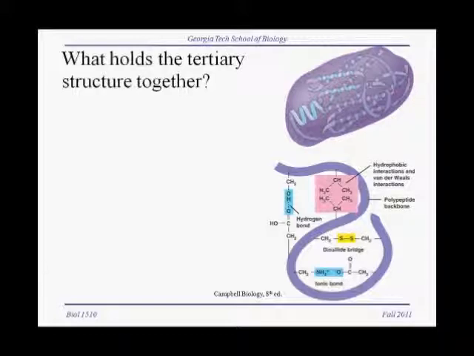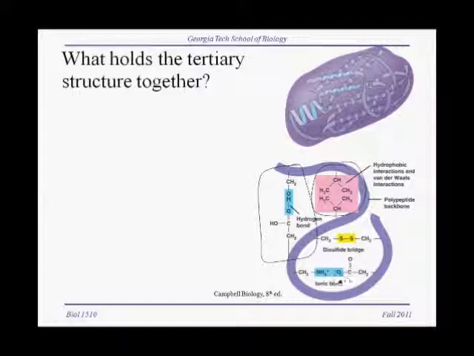Then the overall three-dimensional shape of the protein is held together by a number of different interactions. One is hydrogen bonding, like we saw before, holding secondary structure together. One of the most important is actually hydrophobic interactions, the desire of these hydrophobic side chains of amino acids to be away from water and to be clustered together. And you will always find these hydrophobic interactions in the center of a folded protein molecule where they can be away from surrounding water.